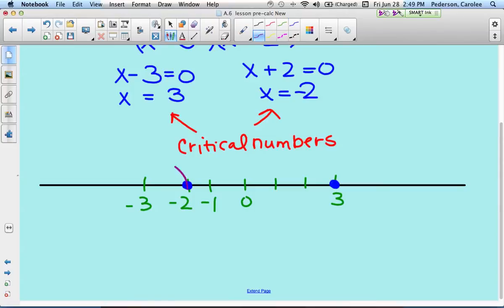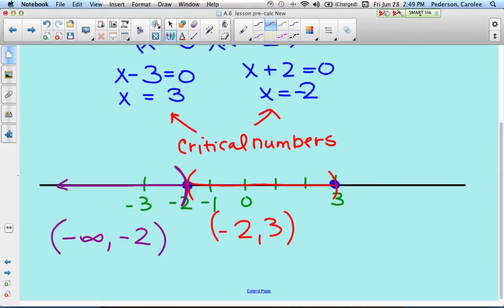So here's my first interval, going from negative infinity to negative 2. Then I have a second interval going from negative 2 to 3. And then I have my last interval from 3 going off to positive infinity.